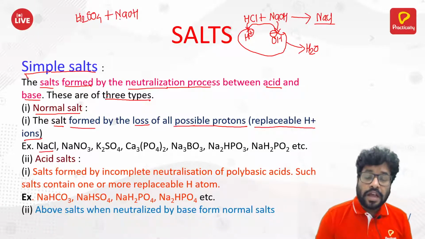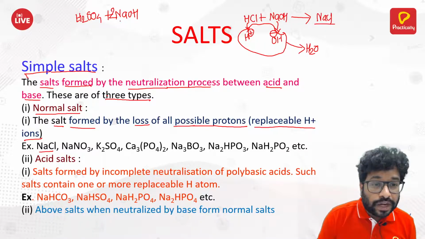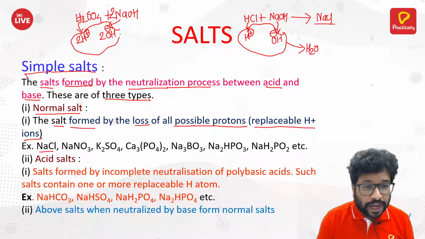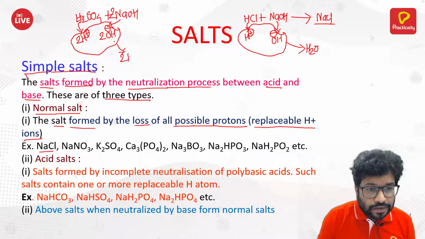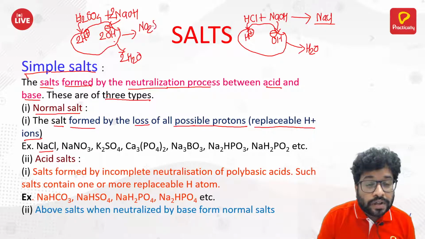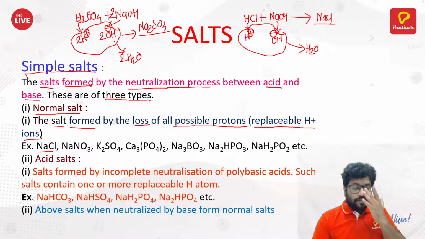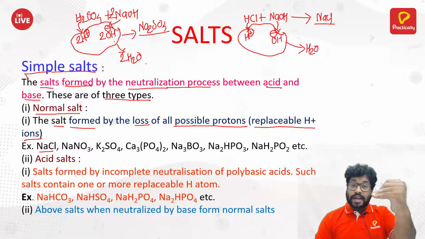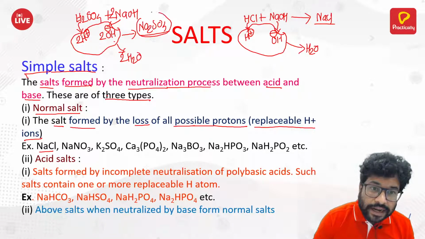Now obviously, if there are 2 protons, we need to take 2 NaOH. 2 NaOH will give me 2 OH-. 2 OH- will abstract both the H+ ions, and together this will give you 2H2O plus Na2SO4. So Na2SO4 is a salt which has been formed by the loss of all possible protons, or I would say all replaceable H+ ions from the acid on reaction with the base. That's how you form Na2SO4.